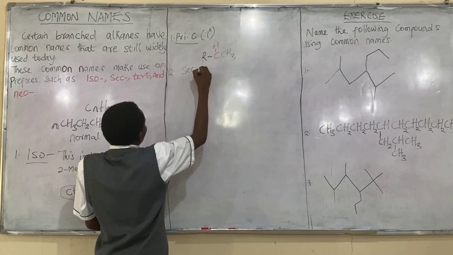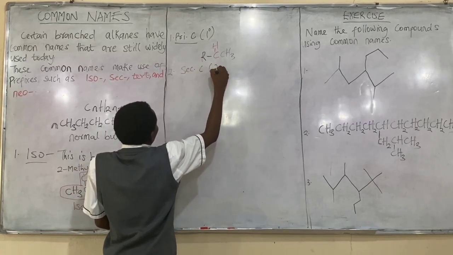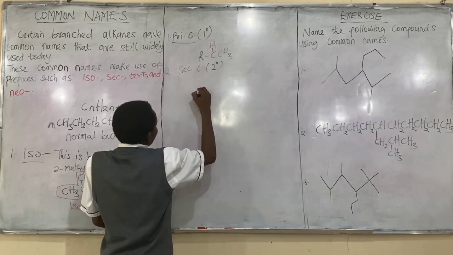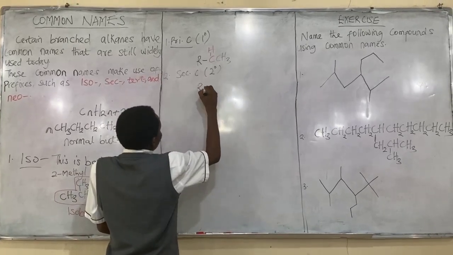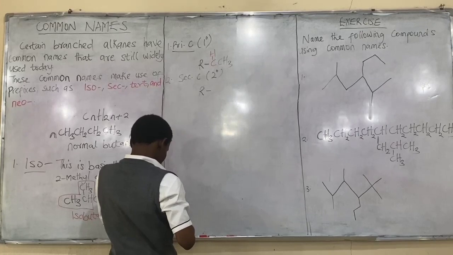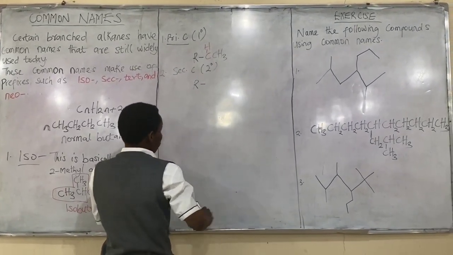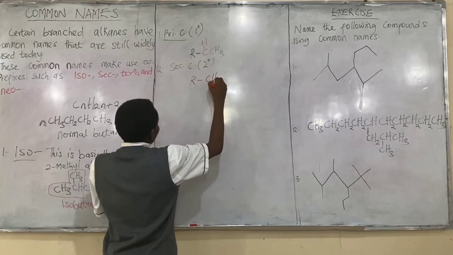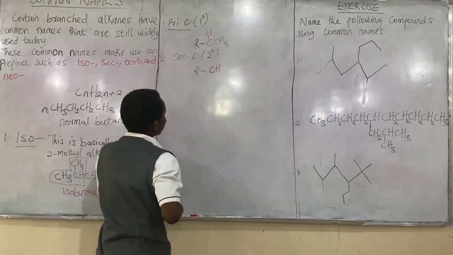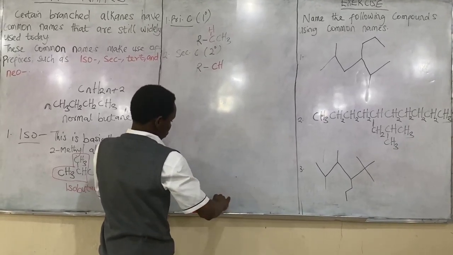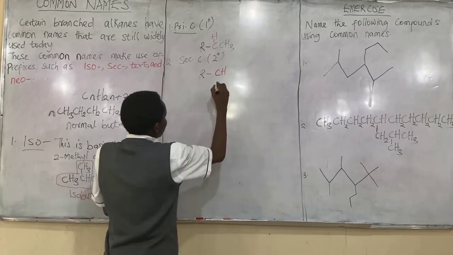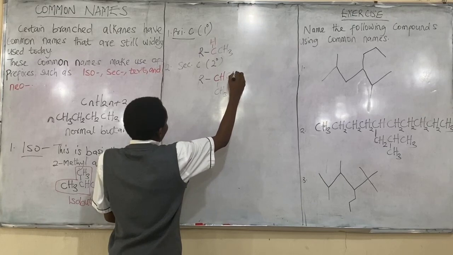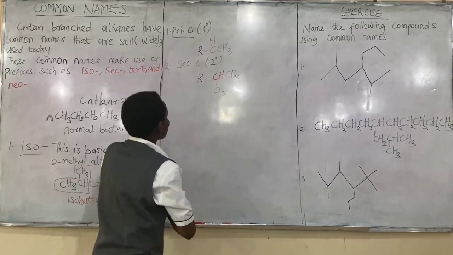We also have secondary carbon, in the form of this. This is our substituent. Then looking at the right, we have this, and then we have CH3, CH3.